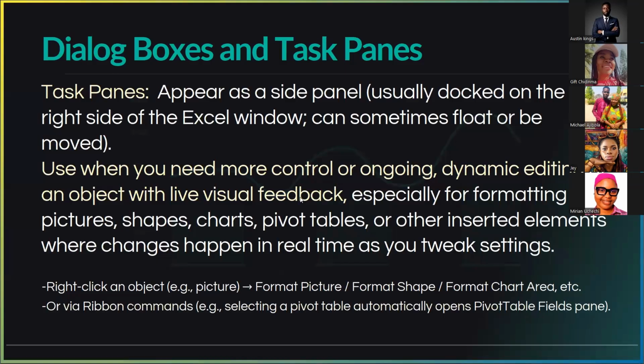All right, the task pane appears as a side panel, usually docked on the right side of the Excel window. It can sometimes float or be moved. It is used when you need more control for ongoing dynamic editing of an object with live visual feedback, especially for formatting pictures, shapes, charts, pivot tables, and other inserted elements, where changes happen in real time as you tweak settings.